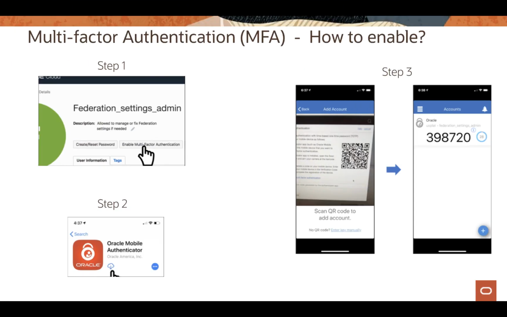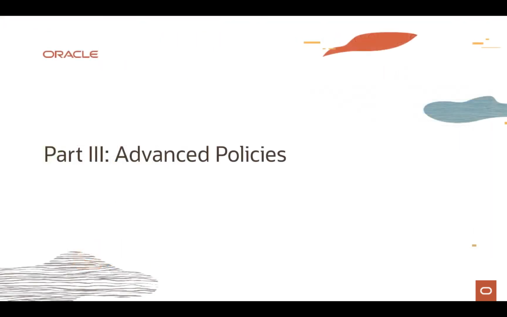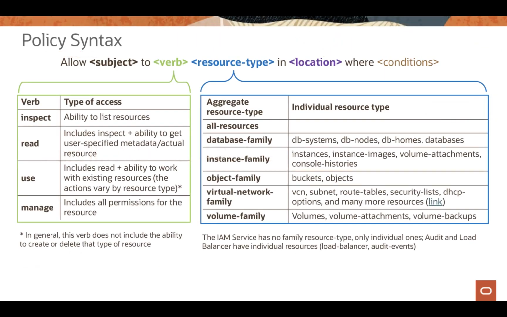All right. The next thing I want to talk about is IAM policies and dive deeper into how you can write very granular policies with IAM in OCI. If you have seen the part 100, the policy syntax should look familiar to you.